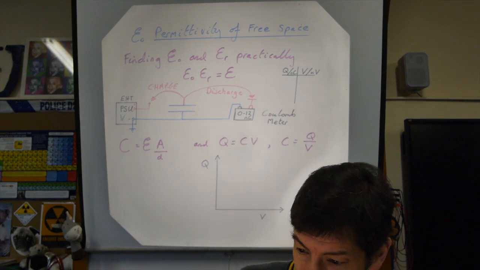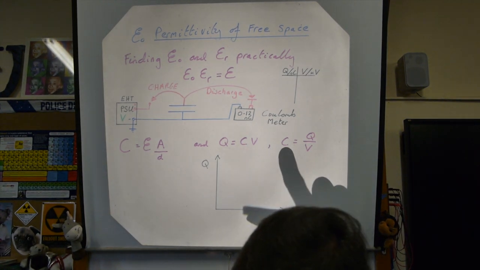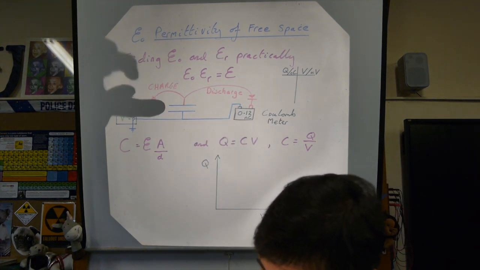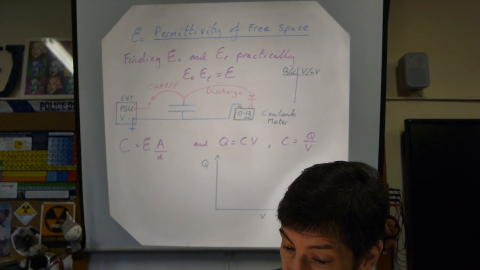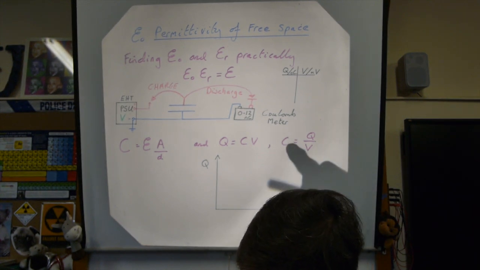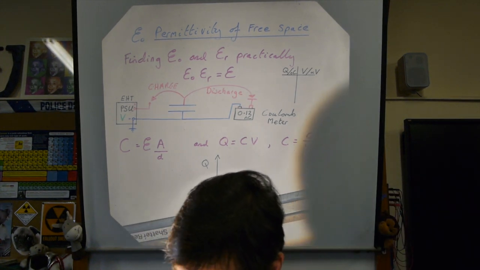Okay, and obviously, because the capacitance is constant, because we don't change the separation between the plates, and we don't change the surface area, okay, then Q over V, the capacitance, will be constant. So we'll end up getting a straight line.